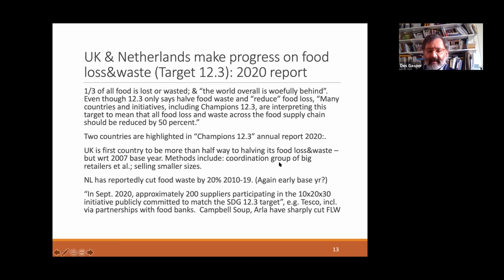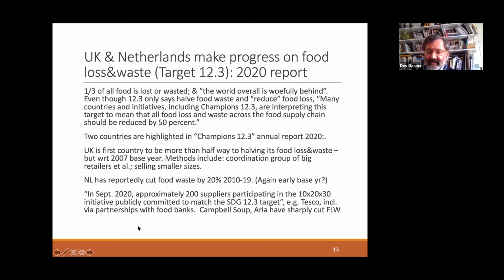So within the UK, there's a coordination group of the big supermarkets like Tesco and others with consumer agencies, environmental agencies, and so on. And the UK claims to be the first country to have got halfway at least to halving the food loss and waste, though they're calculating that with respect to a base year quite far back. And the second country highlighted in that report as having made the most substantial progress is the Netherlands.